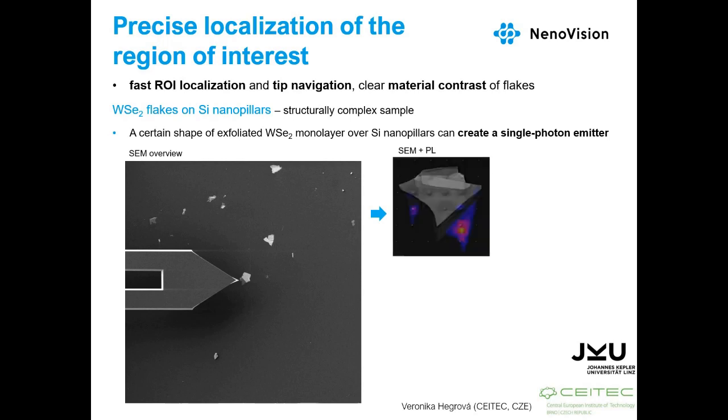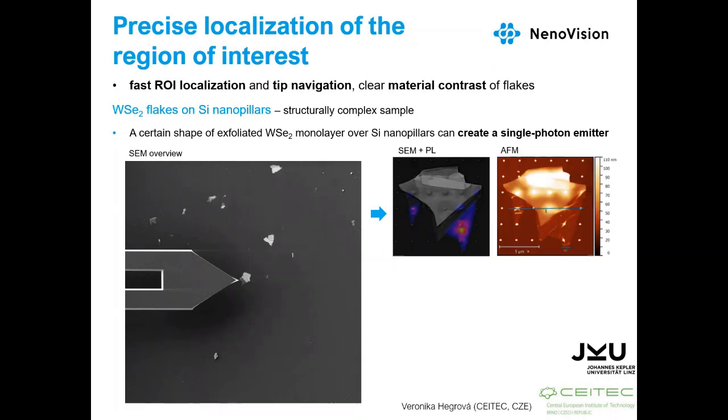So as you can see, if we find the proper structure, from the photoluminescence you can see that there is an emission of photons. And then I'm interested in the topography of the sample and how the flakes lie on the nanopillar. So I can do the AFM.